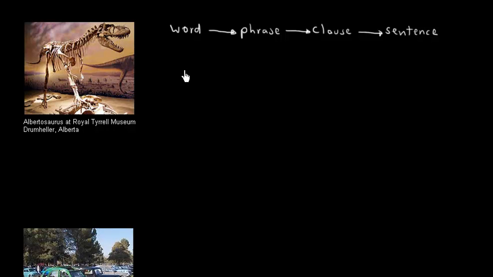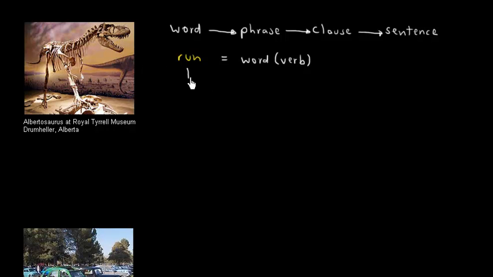And the first word that comes into my head is run. Okay? And run is a word. And it happens to be a verb. And a verb is a word that describes action or state of being. In this case, very much action. Okay?